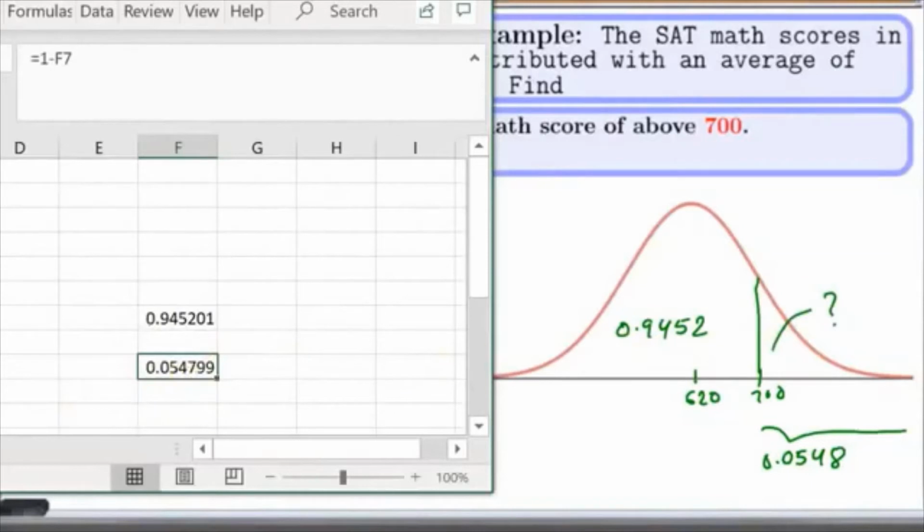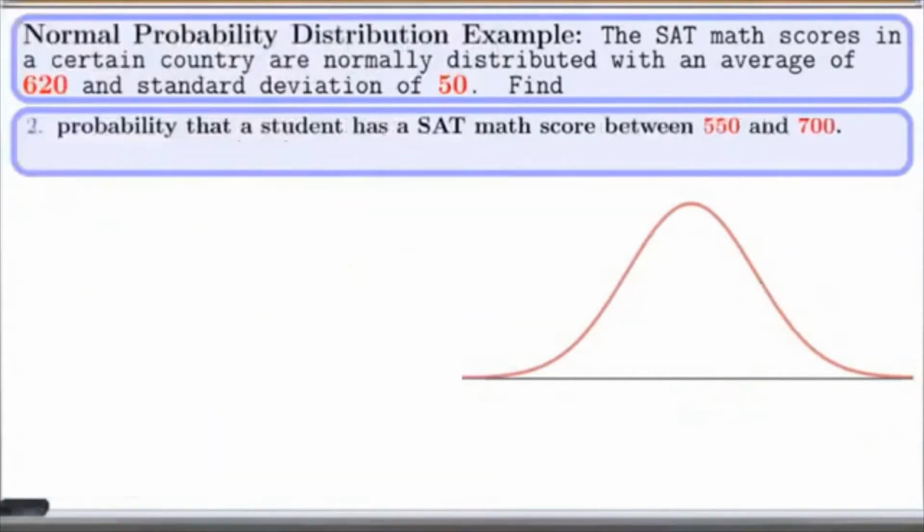Now let's look at the second problem here. Here we are supposed to find the probability that a student has a SAT math score between 550 and 700. So let's draw a diagram for the given scenario. We know mean is in between, which is 620.